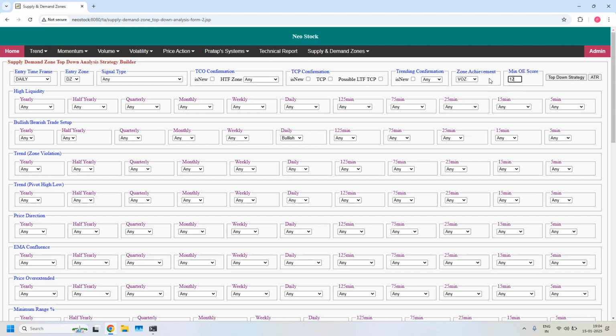We can accept pierced zones in daily time frame because we already learned the pierced zone strategy in lesson 28. So 75 minute zones onwards we will filter them, but in daily time frame pierced zones will definitely be helpful to you to apply the pierced zone strategy. Okay, I am filtering the stocks.